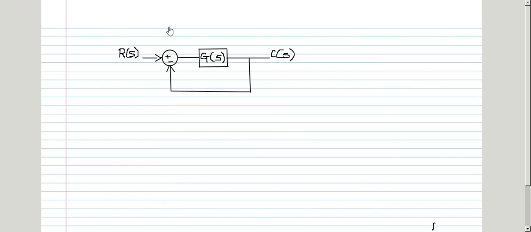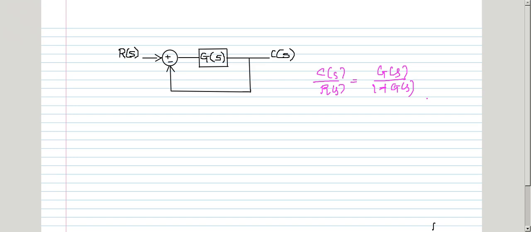Let us consider a closed loop transfer function. Let us consider a closed loop control system with unity feedback. The closed loop transfer function for such a system is given by C(S) over R(S), which is equal to G(S) over 1 plus G(S).